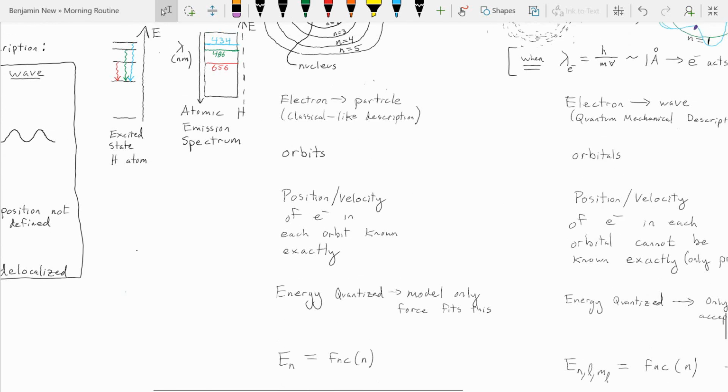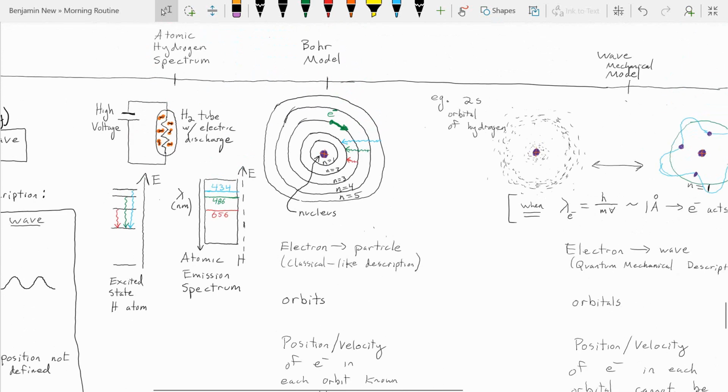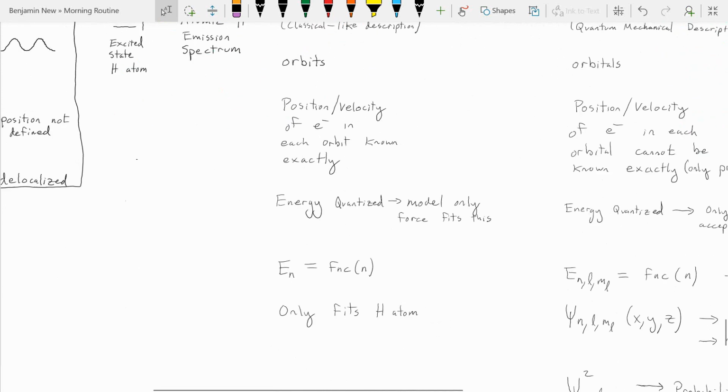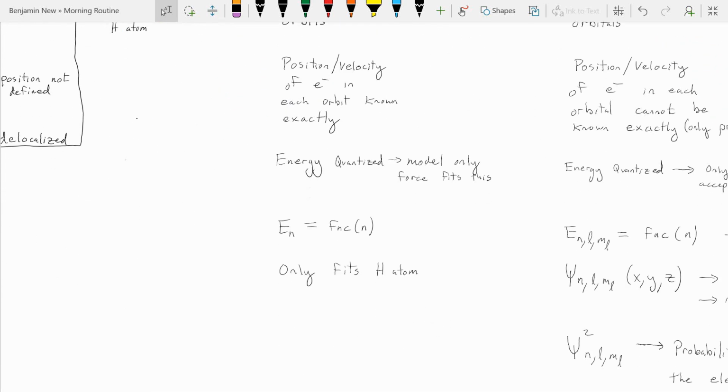So this was really great because it captured the quantized nature of the electron energy levels that were interpreted from the atomic emission spectrum, and actually it matched pretty dead on. It was a fit, of course, but the big problem was that it only worked for the hydrogen atom, or any atom that only had one electron.